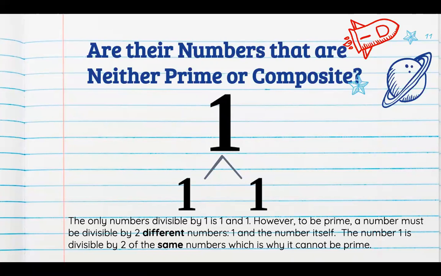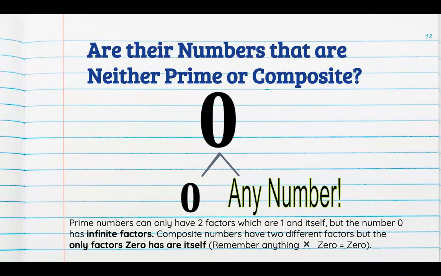Can you think of another number that is neither prime or composite? Well, if you said 0, you're right. 0 can be factored into 0 and any number. Prime numbers can only have two factors, which are 1 and itself. But the number 0 has infinite factors.